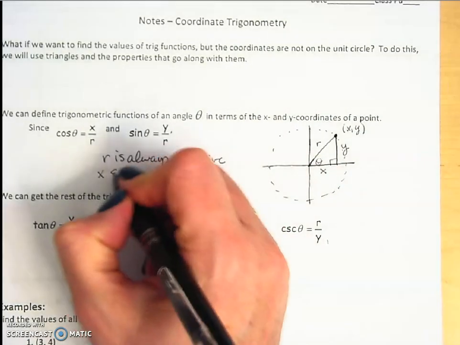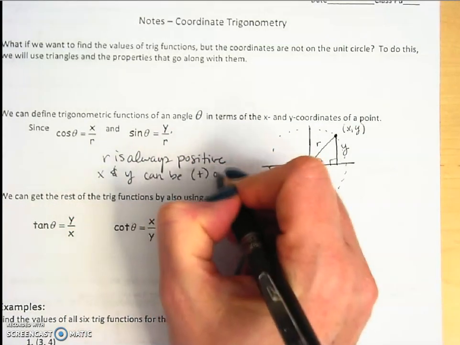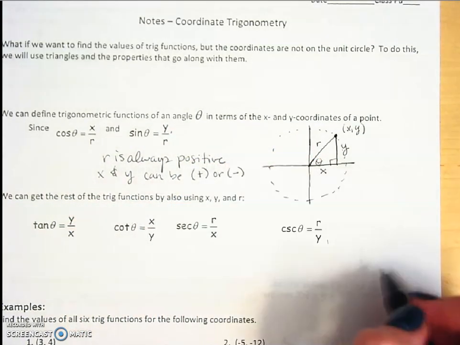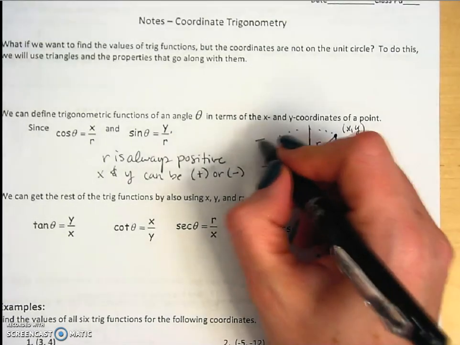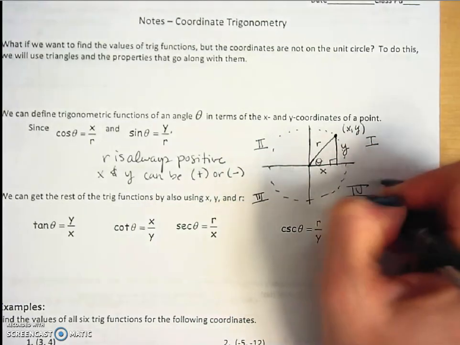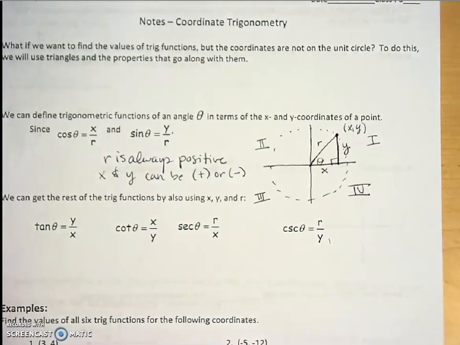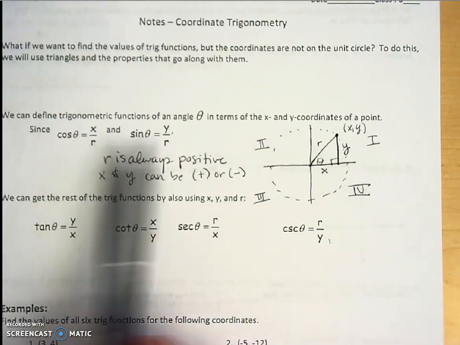So write that X and Y can be positive or negative. And also remember the quadrants are labeled 1, 2, 3, and 4. So this is what we mean by X, Y, and R here.